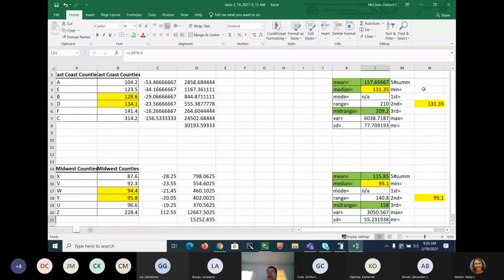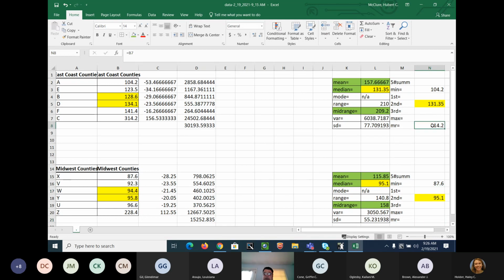All right, 5-number summary. Min, max. Now, if you miss the min and the max and the mid-range on the 5-number summary, what are you not supposed to do? You're not supposed to tell anybody, right? Oh, that's not the mid-range, Hubert.